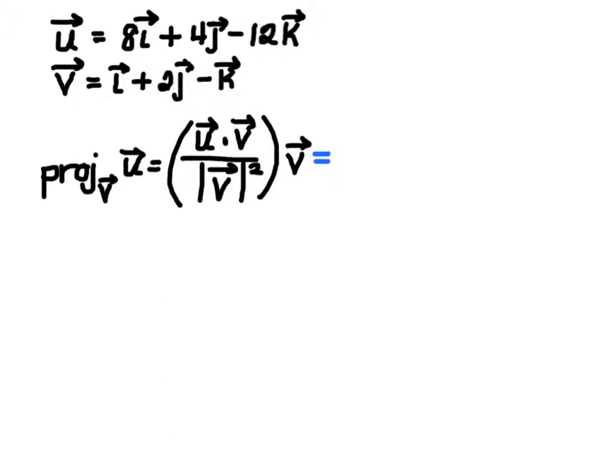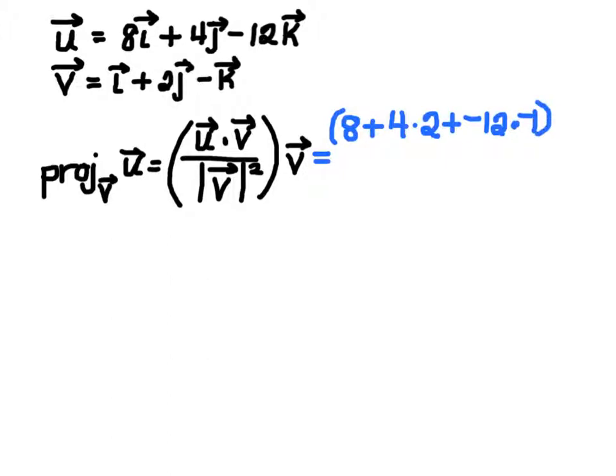by taking the dot product of U and V, so that's going to be 8 times 1 plus 4 times 2 plus a negative 12 times a negative 1. There's our dot product.